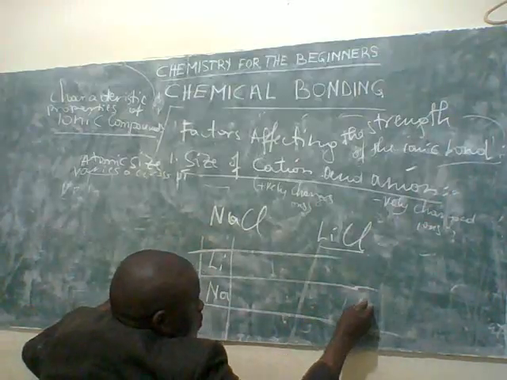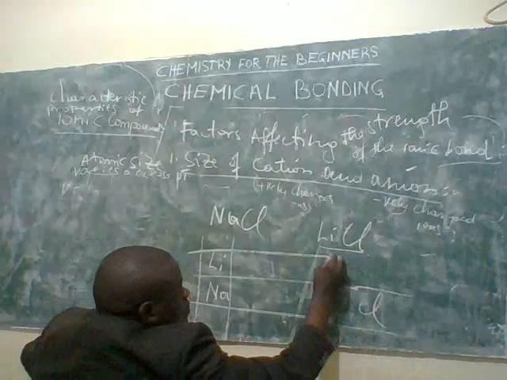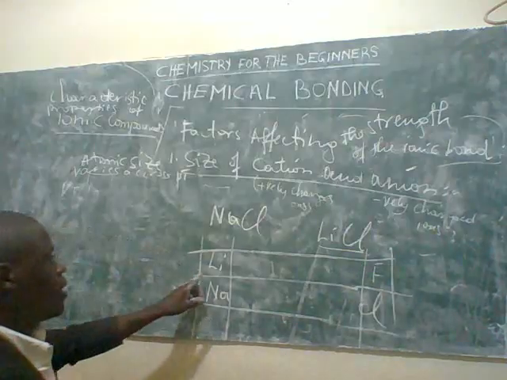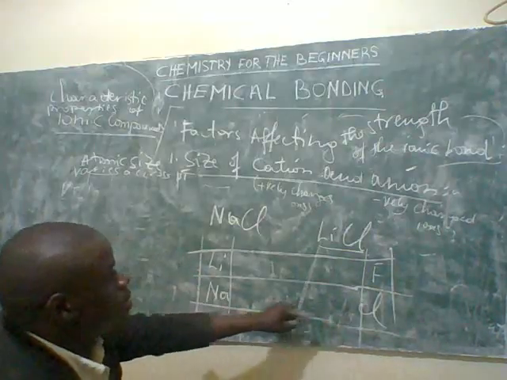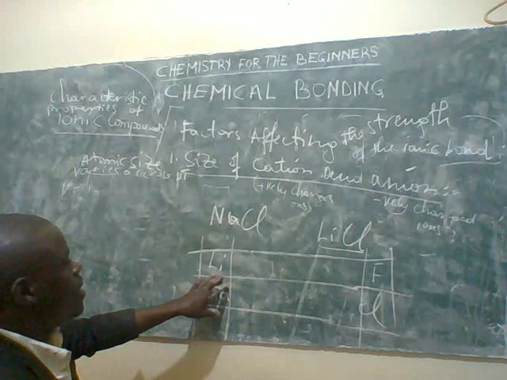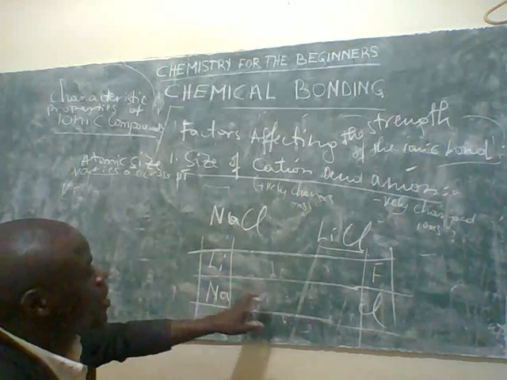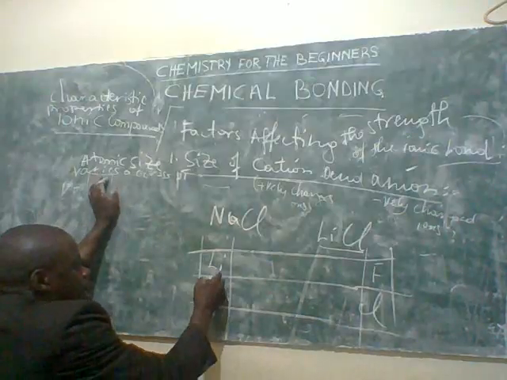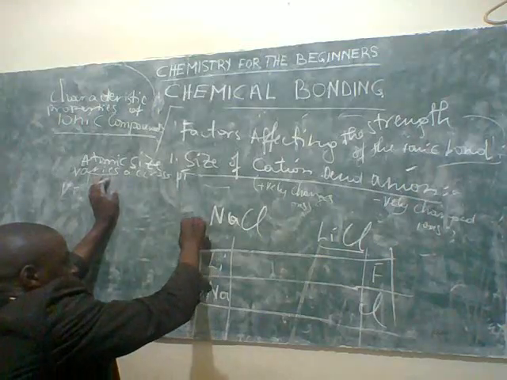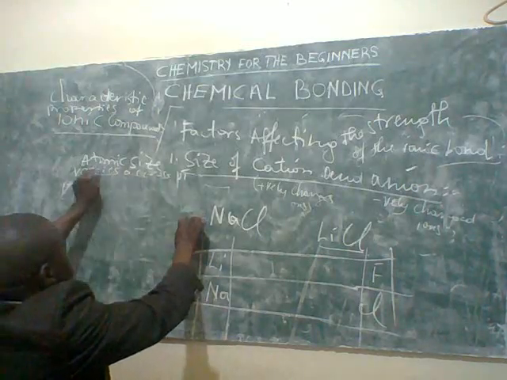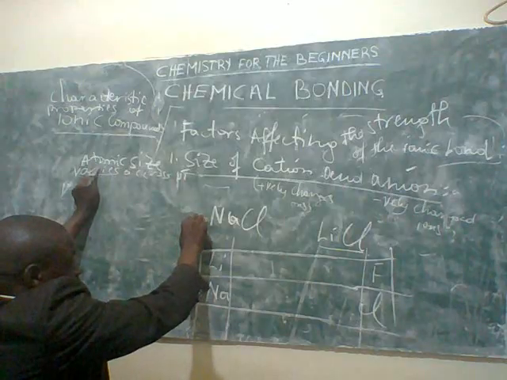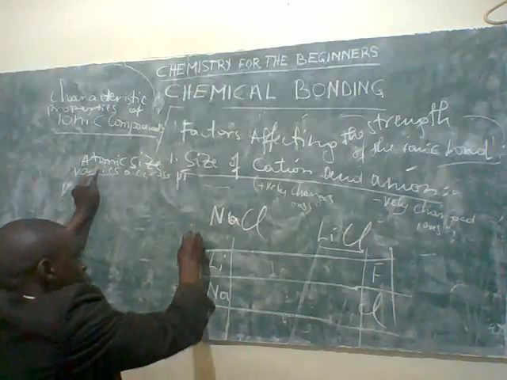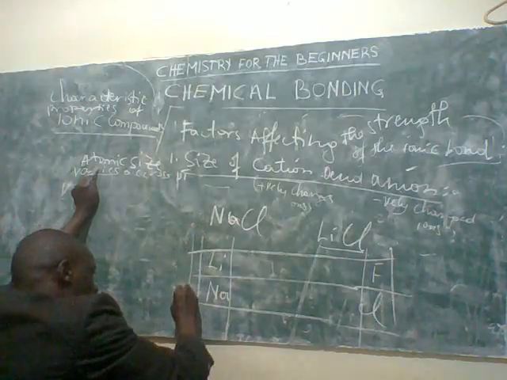The chloride is here and fluorine is here. Lithium chloride is not as ionic compared to sodium chloride, because I did not yet tell you how the atomic size varies across the families, from top to the bottom.